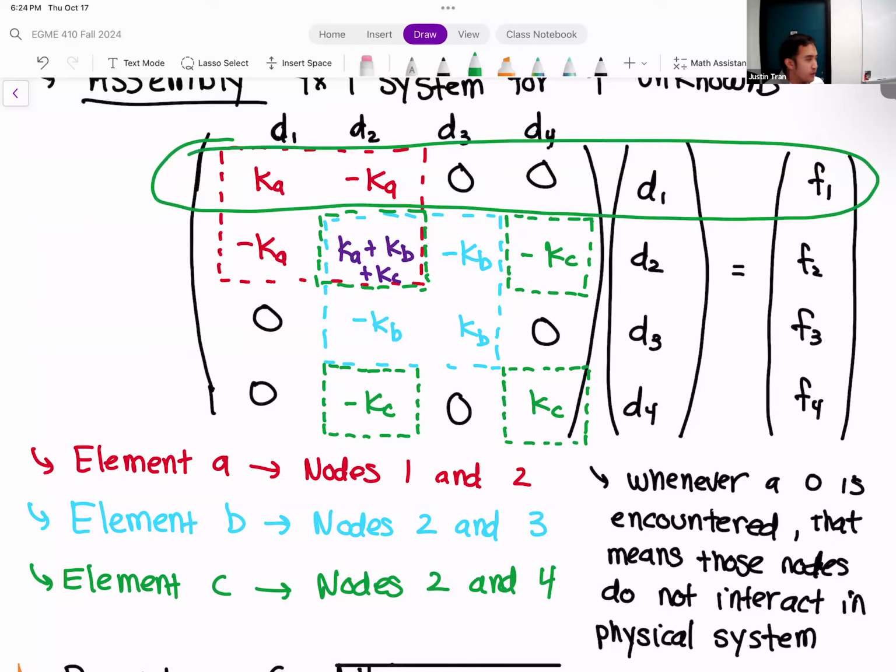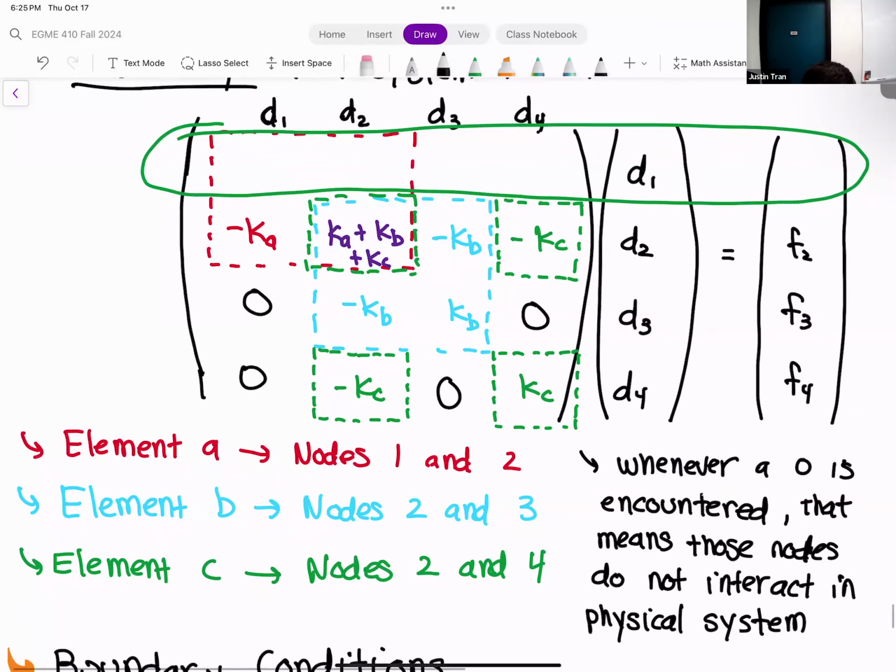Okay, so the first row in the matrix is given by all those entries there. So we're going to erase everything that's there already. We leave D1 alone, because D1 is the unknown. And then we're going to replace it with a set of ones and zeros. So for D1, we're going to put a 1 in the D1 column.